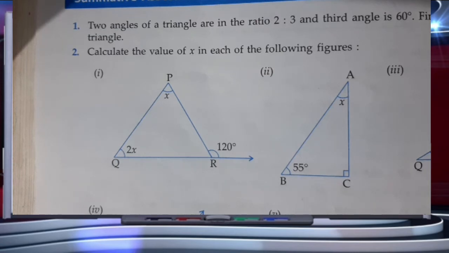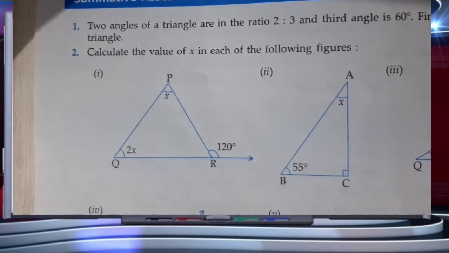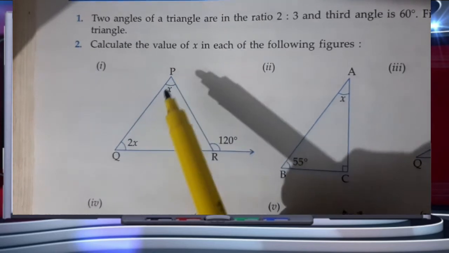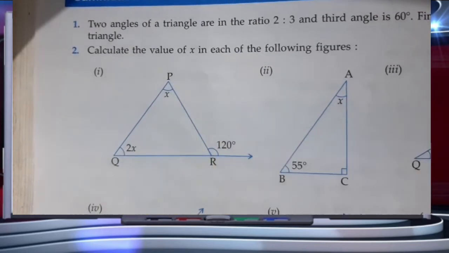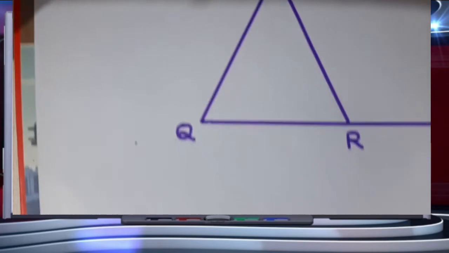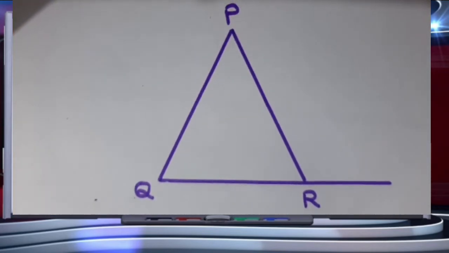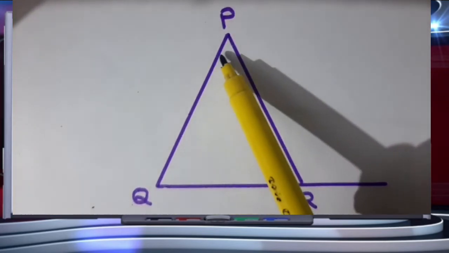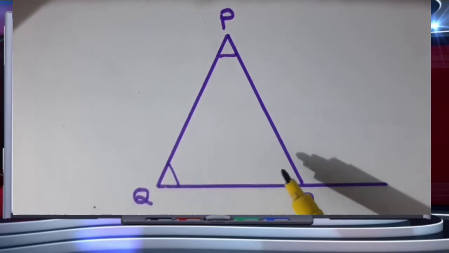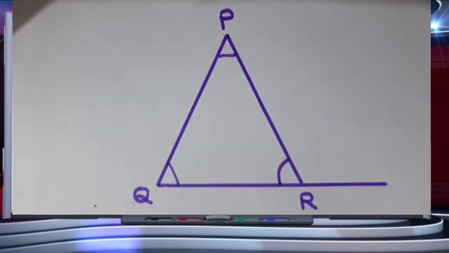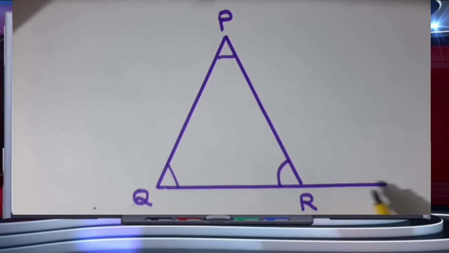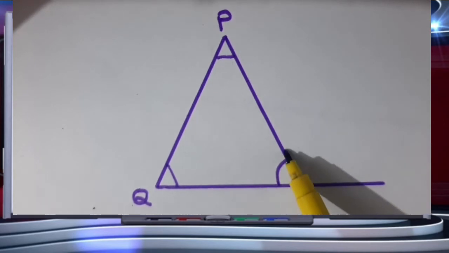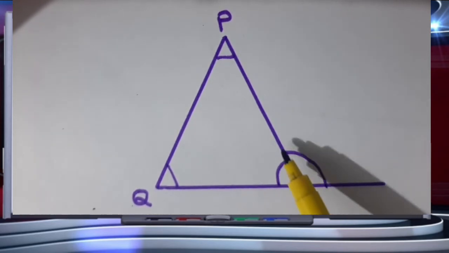Exterior angle theorem: first of all, you should know what is an exterior angle. You can see this is a triangle. These three angles are the interior angles. And when I extend any line like this, then this angle will become the exterior angle.